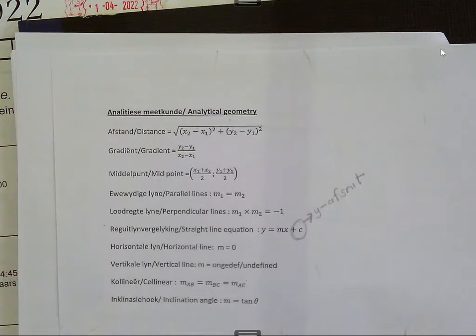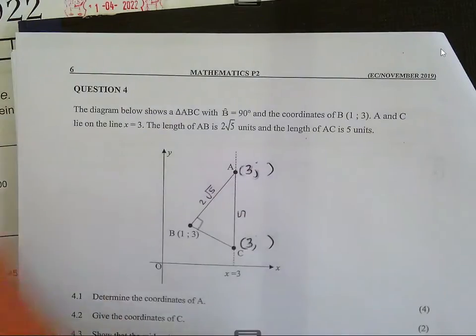What we have is a distance formula, a gradient formula, a midpoint formula. We have information on parallel lines, perpendicular lines, a straight line equation, horizontal line, vertical line, what collinear means, and the inclination angle. Are you happy with that? Okay. Now we go to our question.